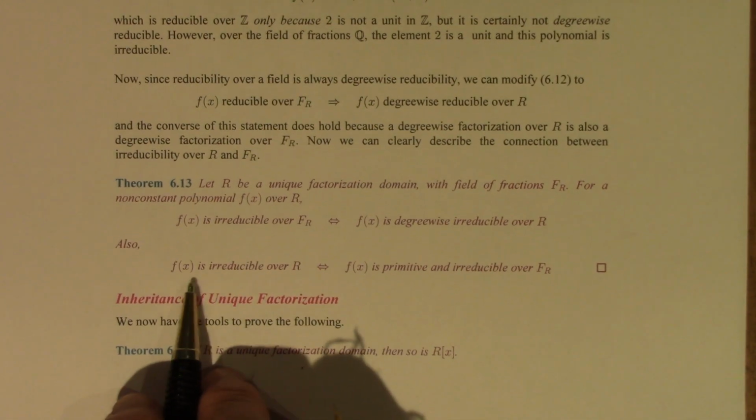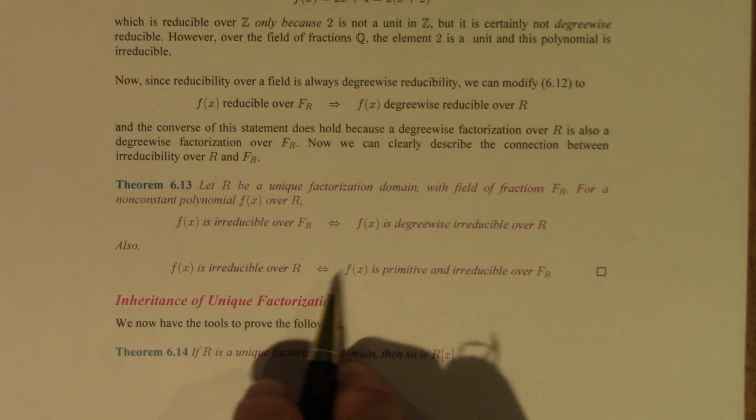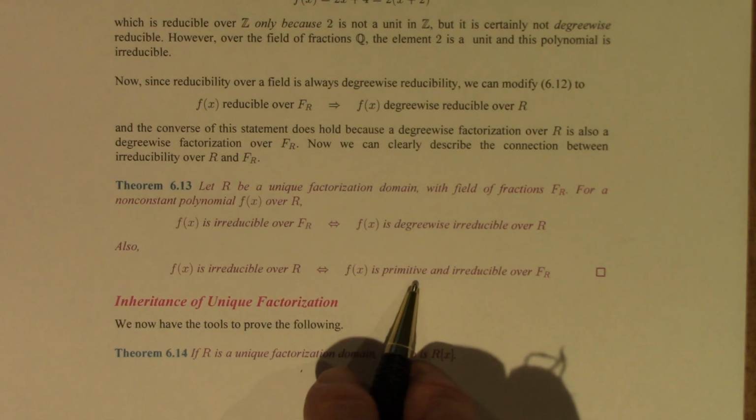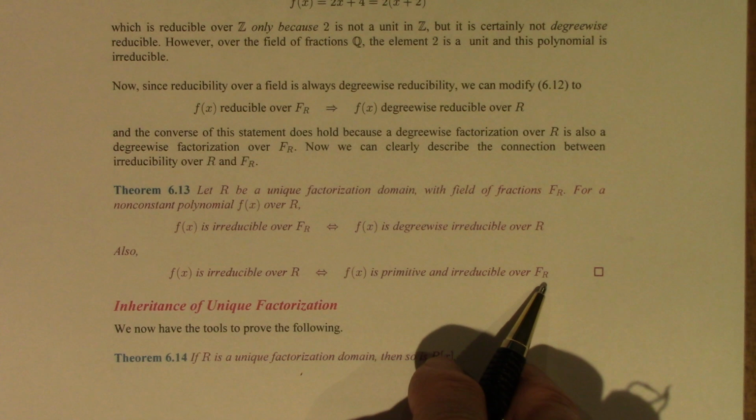We can also say that f of x is irreducible over R if and only if f of x is both primitive and irreducible over the field of fractions.